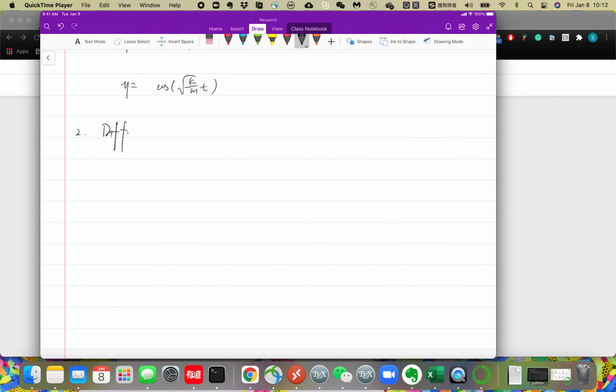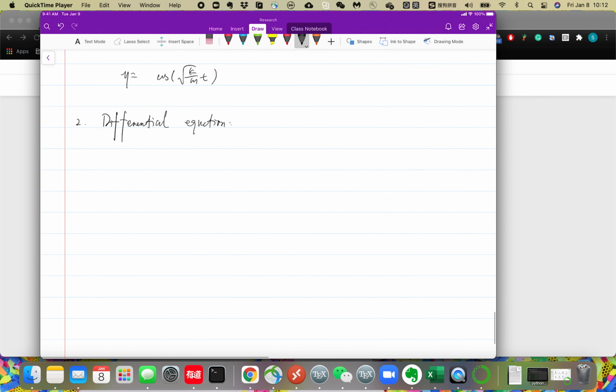Okay, now we know it's very important. Let's talk about what we need to know about differential equations. The first one is definition. Basically, it's just equations involving derivatives.